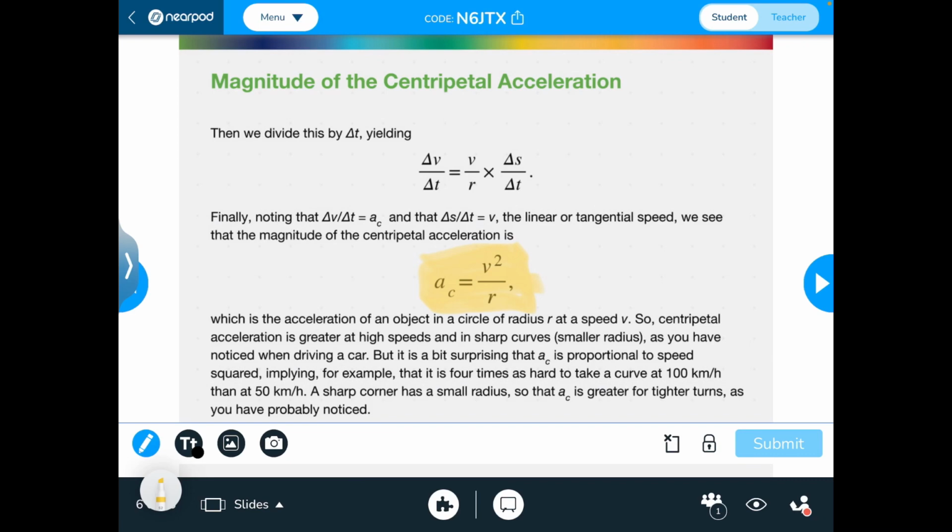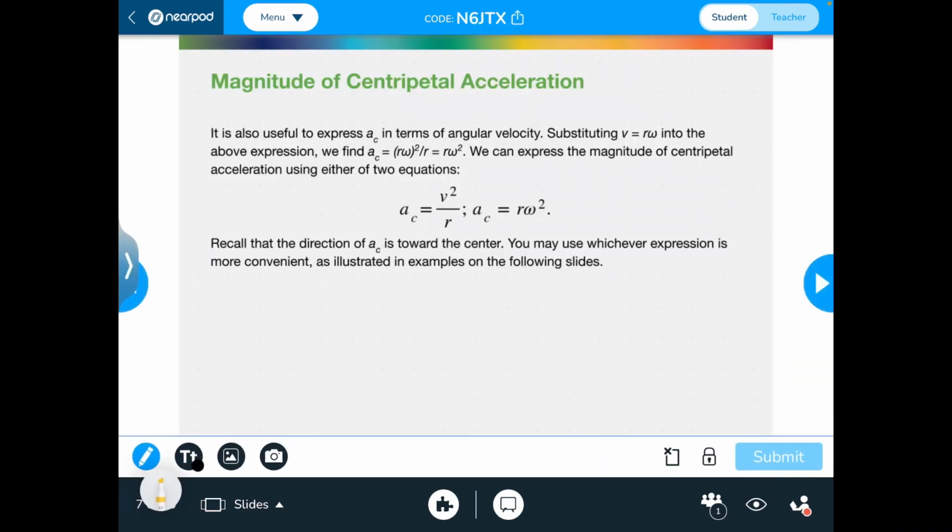If I plug that into v, I get r squared omega squared. And so then we've got r squared omega squared over r. One r cancels in the numerator, canceling the one in the denominator, leaving us with r omega squared, which is the second equation here.